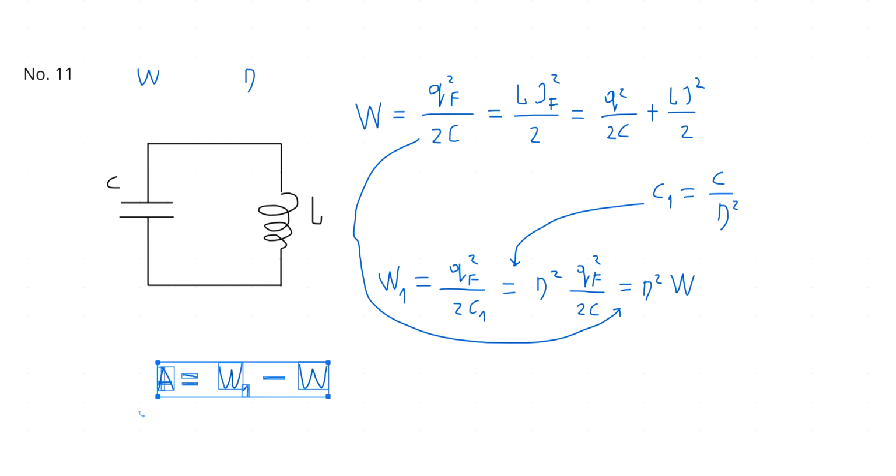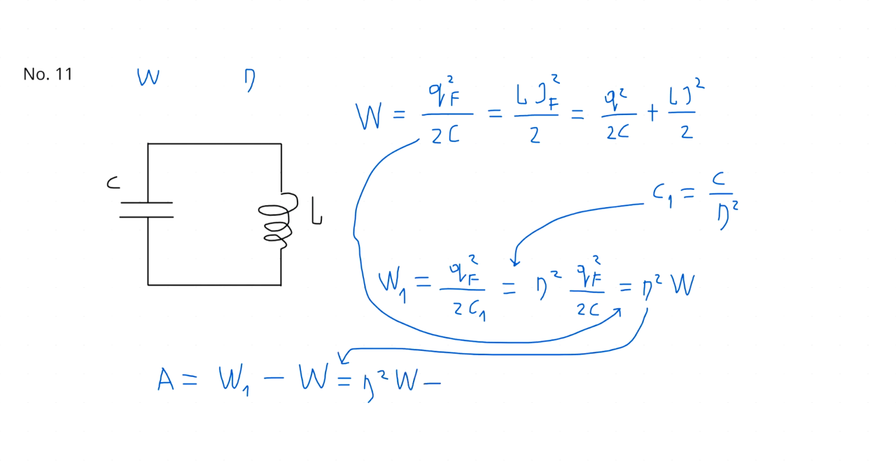If there are no questions, we can use this here, and we will get double V minus double V. And it will be eta to the power of 2 minus 1 multiplied by double V. Okay, this is the answer. What questions do you have about this?